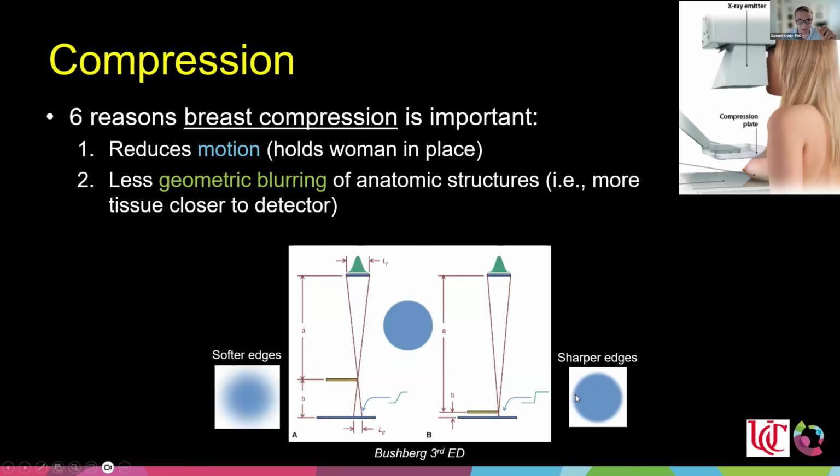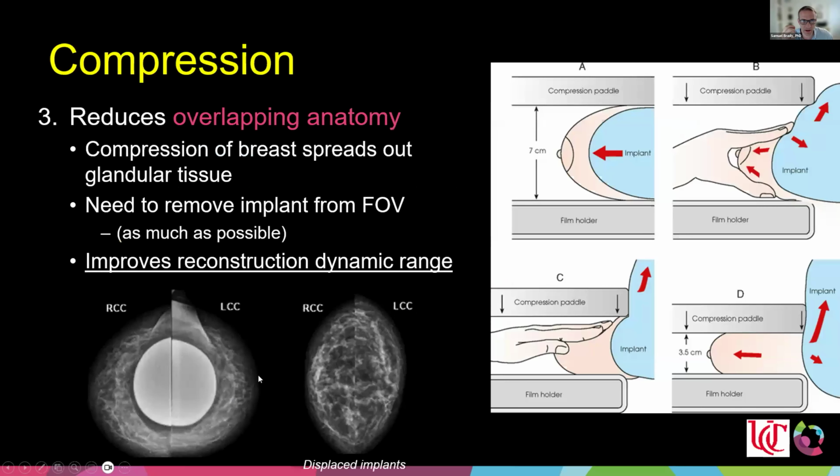So the glandular tissues, the ligaments, the ducts, even the cancer itself, the margins are going to be sharper, less fuzzy, less blur. Whereas the farther they are away from the detector, the blurrier they are. And so compressing or pushing the anatomy closer to the detector reduces the blur in the image.